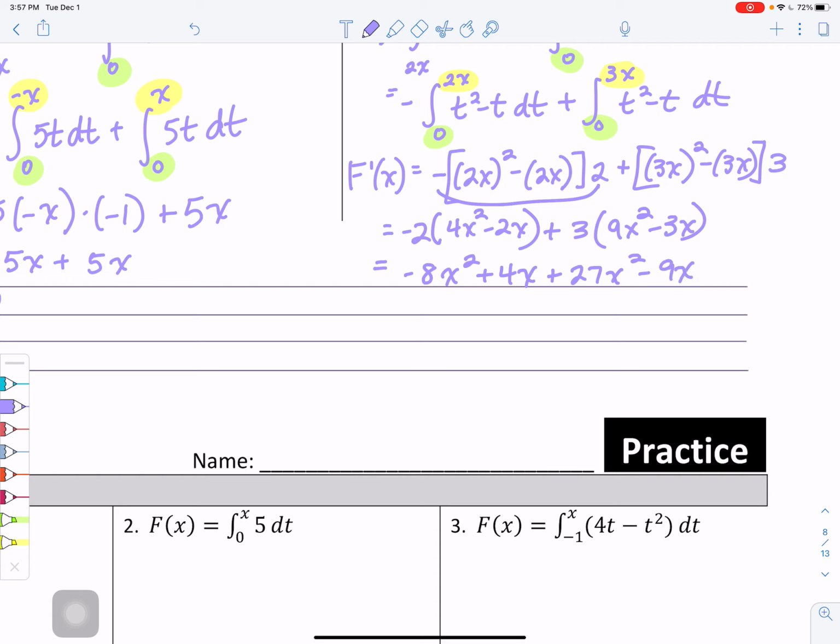Okay, so it looks like I can combine my x squared terms and I can combine my x terms. So 27 minus 8 is 19. And then a 4 and a negative 9 leaves me with minus 5x.